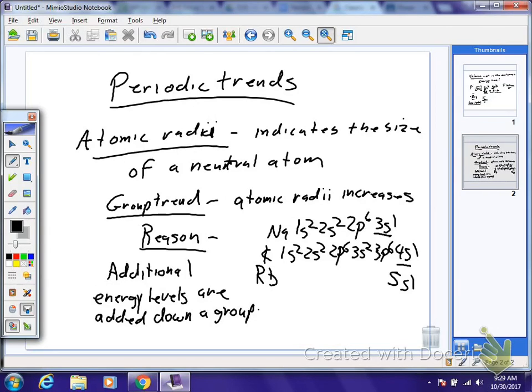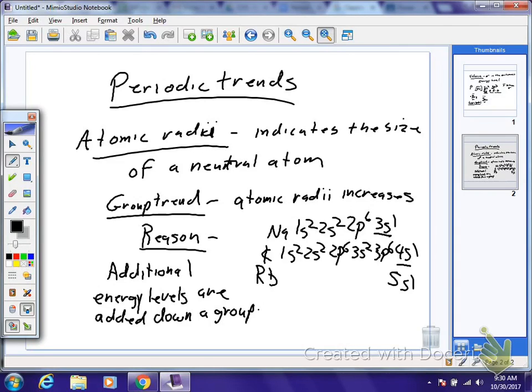Okay, all good answers. You're thinking adding protons, but then when you get into specifics, you go, wait a second, that's in the nucleus and it's really small, so that's probably not the reason. And then you say, well, adding sublevels. Yep, you're adding sublevels, but that in itself doesn't mean you're going to get bigger, because you add sublevels as you go across.